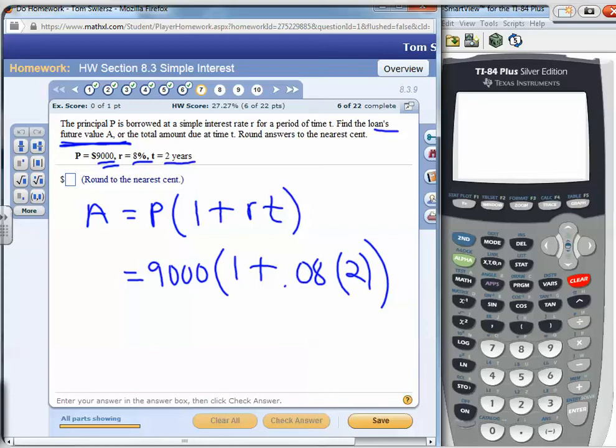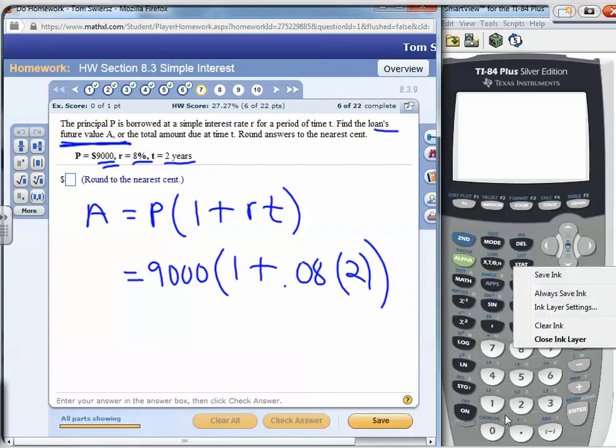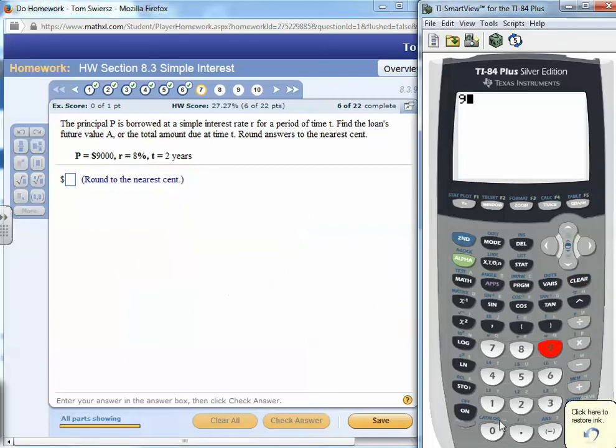Okay, now if you use parentheses, you can put this into your calculator all in one step. So I'll go ahead and do it all in one step on the calculator to get the final answer, the amount. So it's going to be 9,000, and then you have a left paren, 1 plus the rate as a decimal, 0.08, times 2.